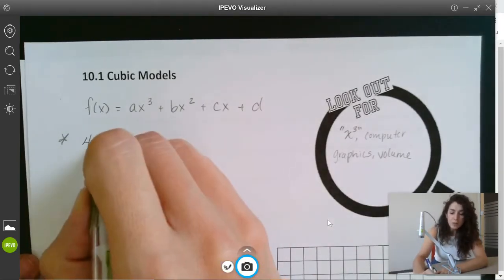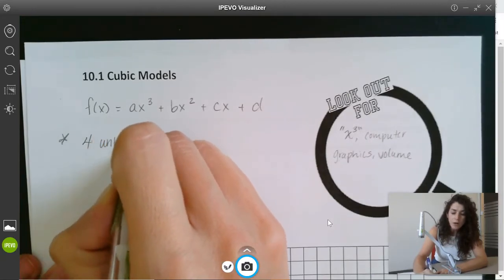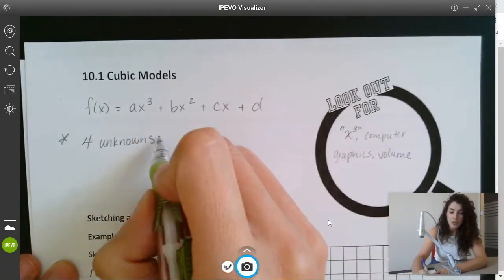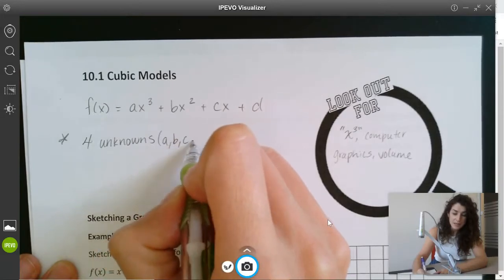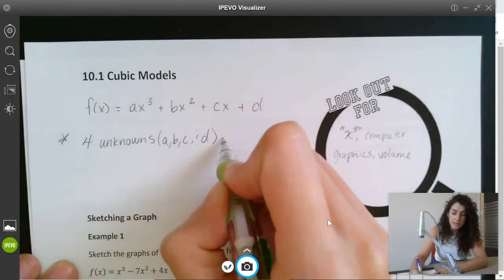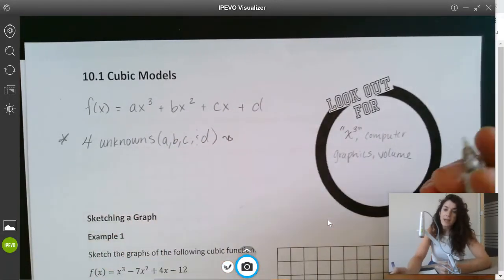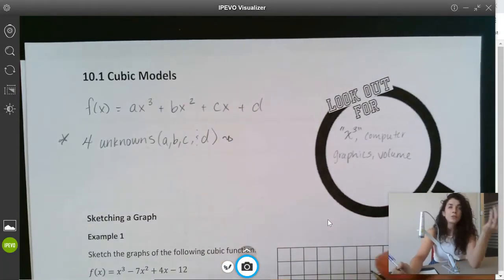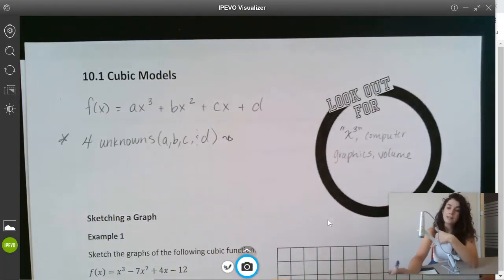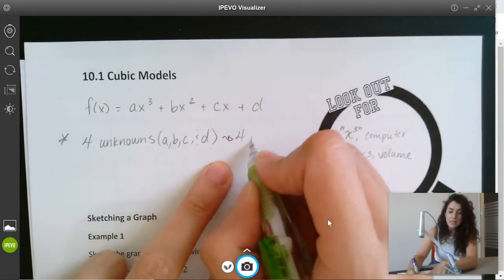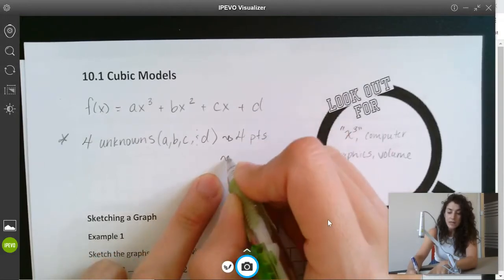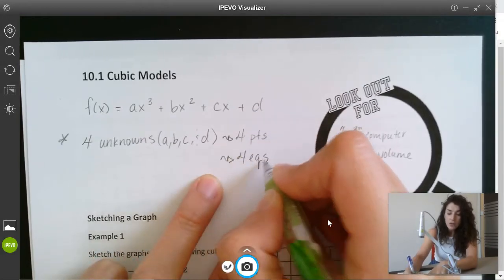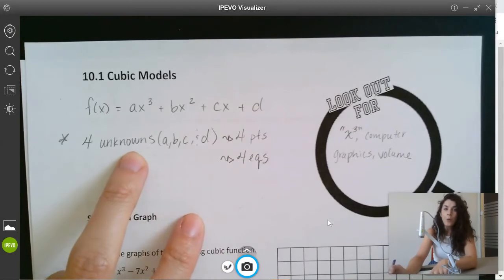With cubics, we have 4 unknowns, which are your a, b, c, and d. With quadratics, when we had 3 unknowns, we needed 3 points in order to create a system of 3 equations in order to solve for our 3 unknowns. Since we have 4 unknowns, we are going to need 4 points in order to make 4 equations in order to solve for 4 unknowns.